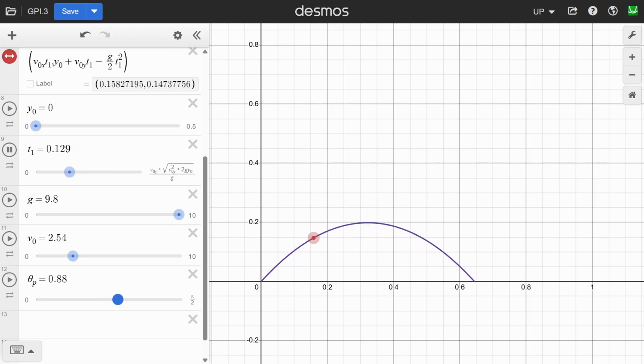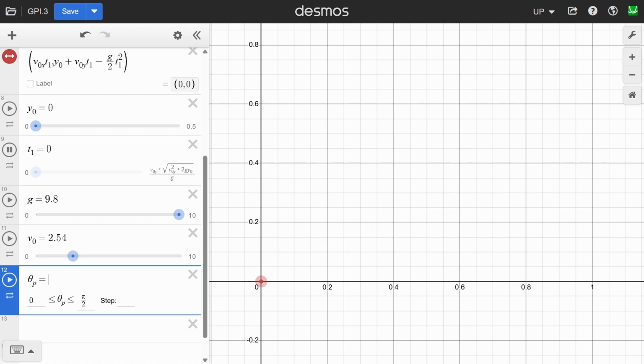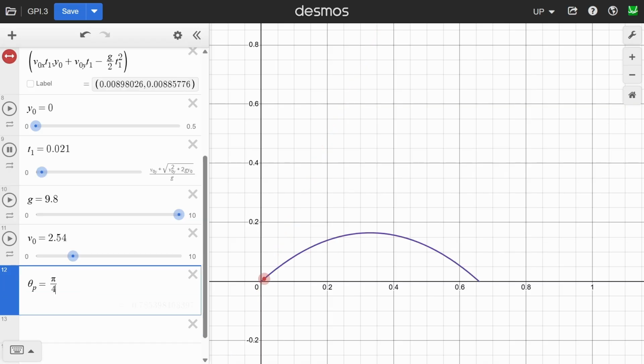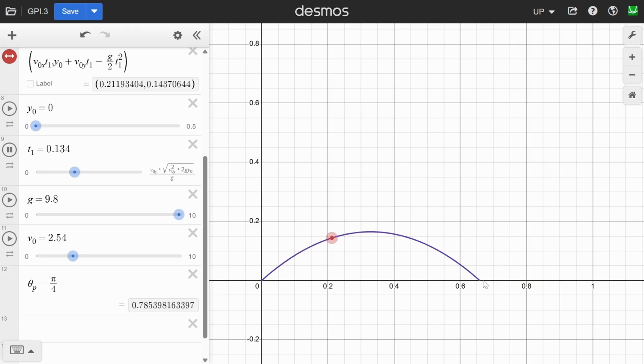And so to find this maximum distance, we could just play around with this angle, but if we set this to be pi over 4, we figured this out to be the maximum point, which is v0 squared over g. So we could also think from the formula that v0 squared over g must be its maximum.